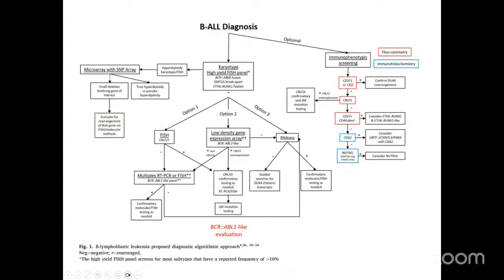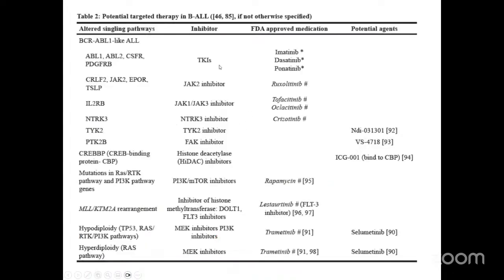And then if none of those is positive, we send it out for RNA sequencing and look for a fusion product there. There are also immunophenotypic screens that have been described for different kinds of fusions. And this is the reason why we do it, because there are TKI drugs and they are targetable fusions that can help the patient in therapy.